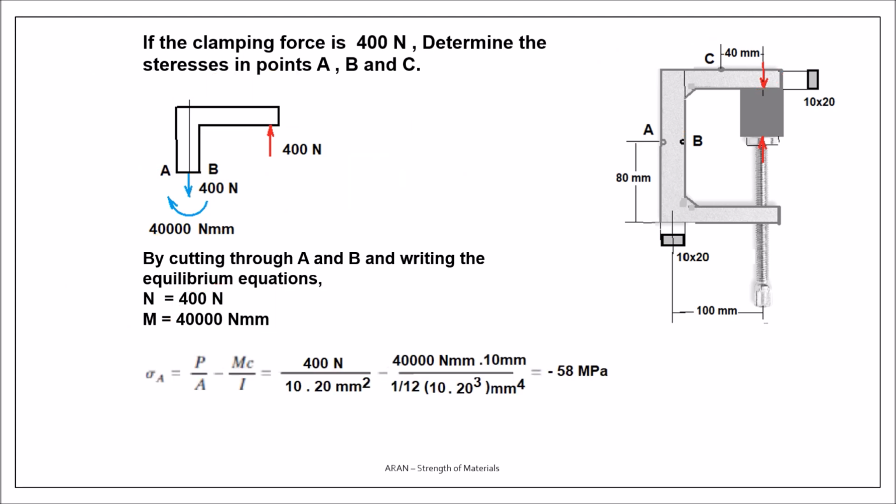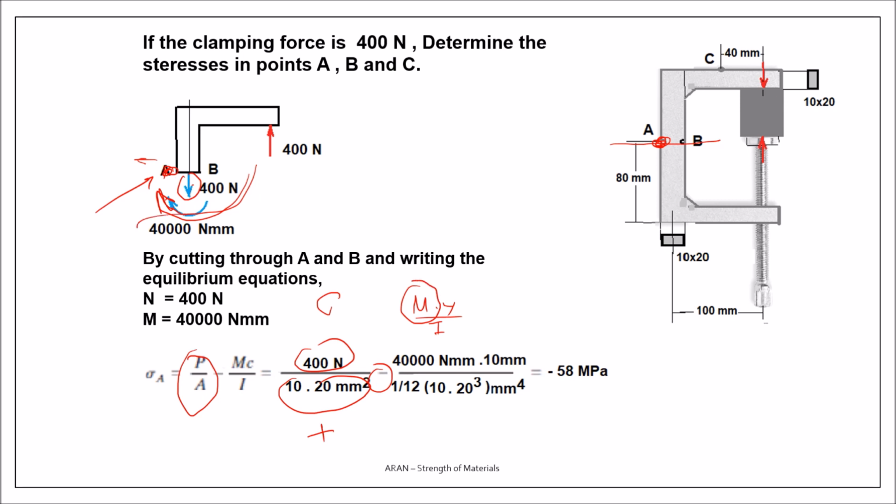Well, let's take the point A. In point A, in this section, I have a normal force and a bending moment. So the normal force will cause force divided by the area, a positive sigma, and the bending moment, since it's on the left side, will cause a negative compression. The formula is My over I. M is my bending moment.